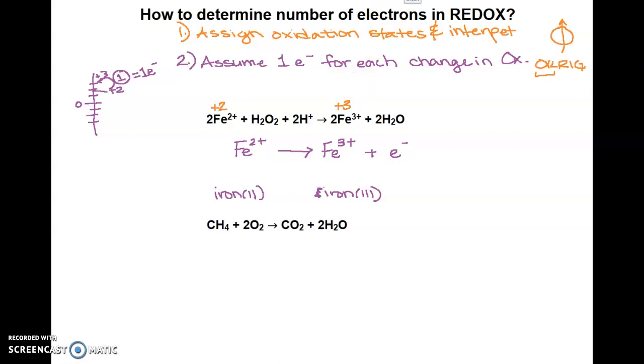Now, the next thing I want to do, kind of the last thing, is consider if I've been provided the balanced chemical equation.